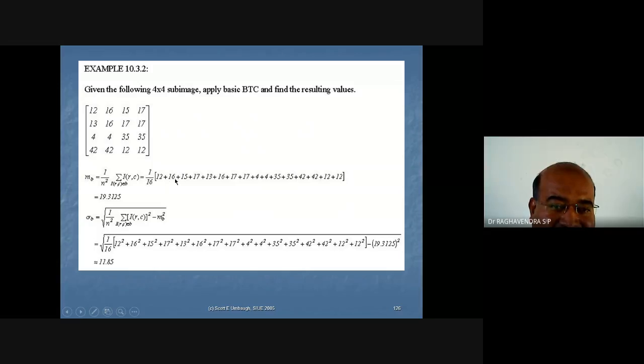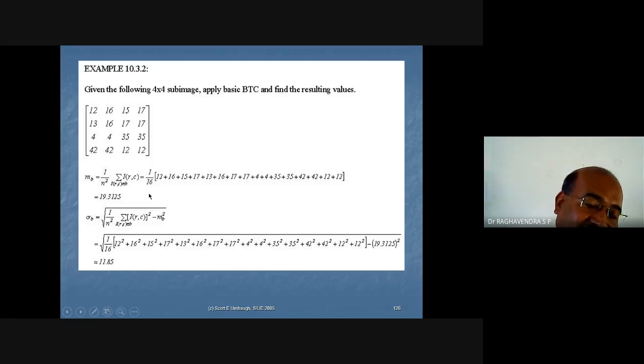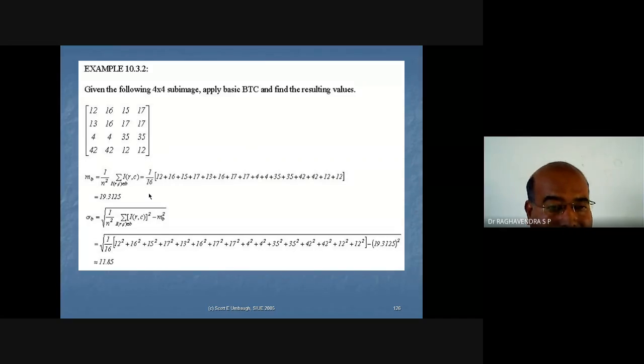Calculate this on a calculator or mobile and tell me whether it is the same. Just verify the values: sum up 12 plus 16 plus 15 and so on, and whatever the sum comes to, divide it by 16.